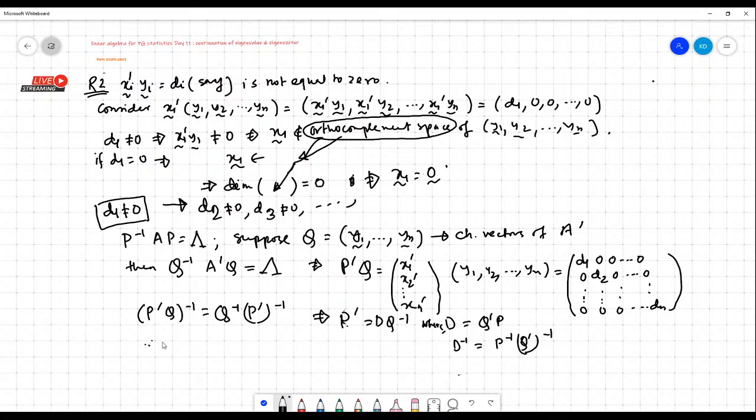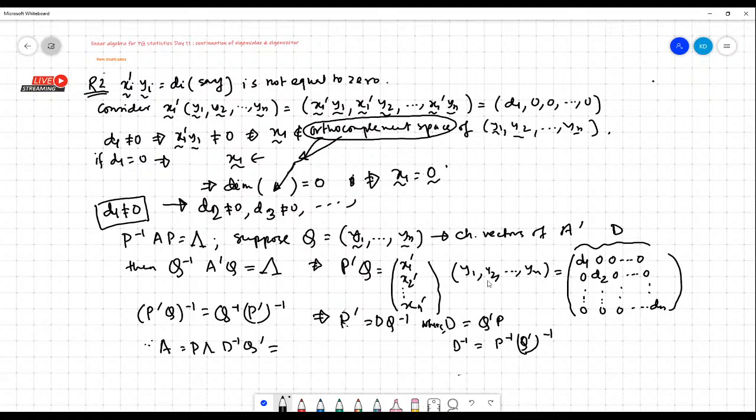Therefore, A equals P capital lambda D inverse Q prime. D is a diagonal matrix, this matrix I denote D. Okay, so D equals P prime Q.